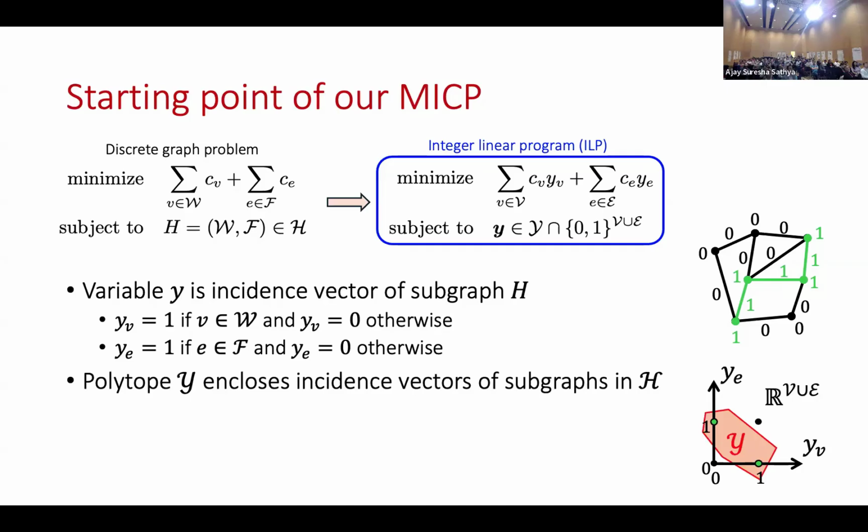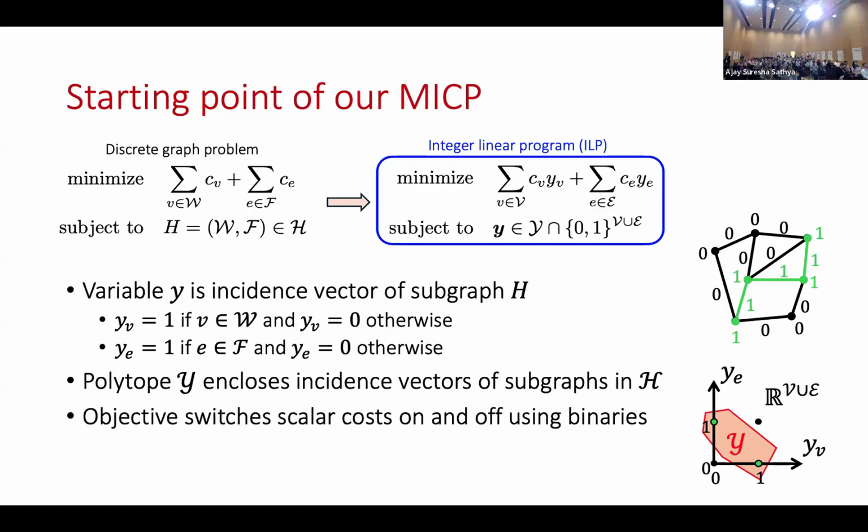And these typically have the form of a polytope, so a set of linear inequalities that this incidence vector must satisfy. And this polytope essentially separates the incidence vectors that correspond to admissible subgraphs, paths, tours, etc., from the incidence vectors of subgraphs that are not admissible for our problem.